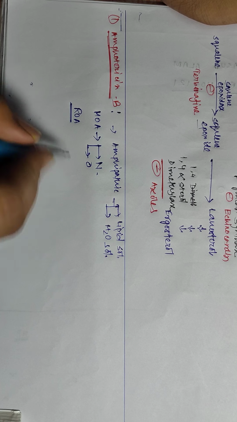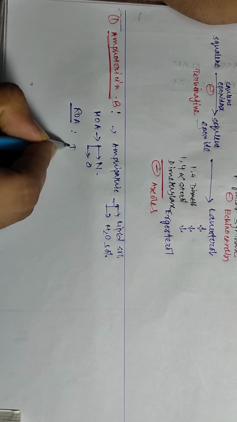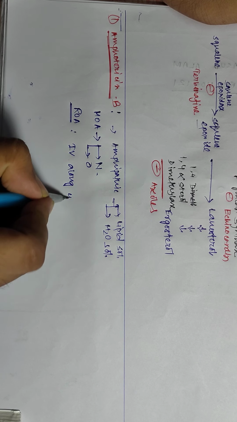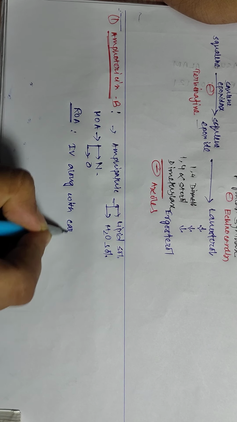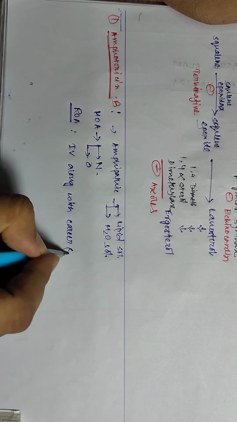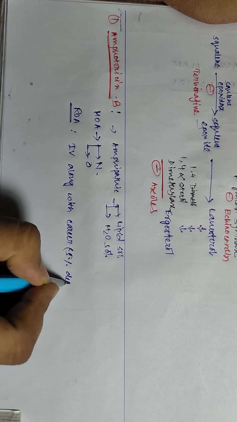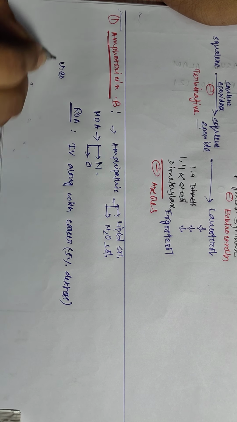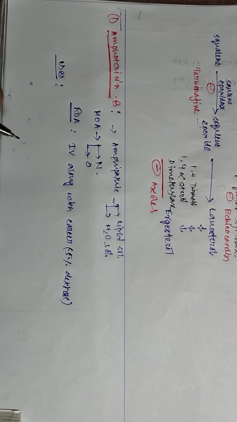Now the route of administration: it is given intravenously along with a carrier, that is 5% dextrose, right? Now the uses of the drug.